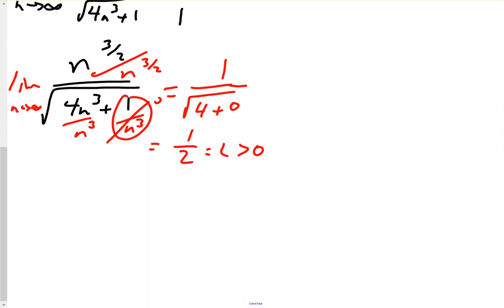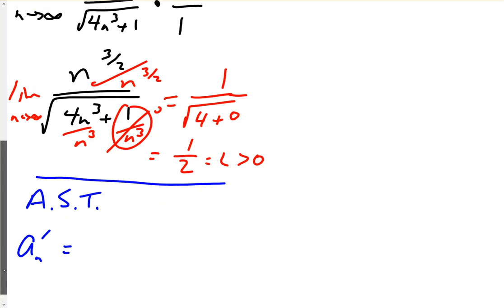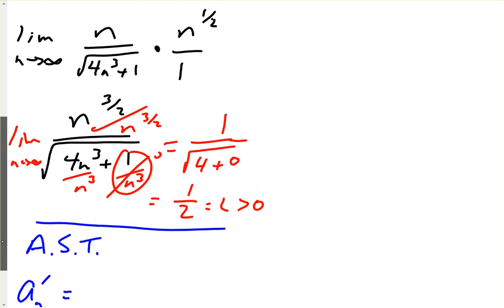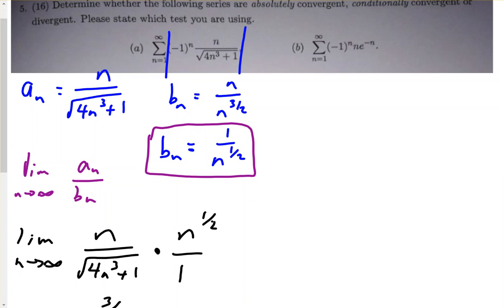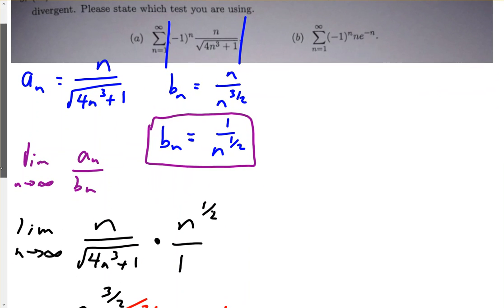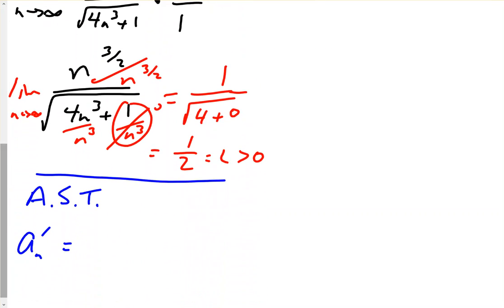So by the alternating series test, and taking the derivative of our an's. So taking the derivative would be, now obviously we're not dealing with the -1, we're just taking absolute value. So the derivative of n over square root of 4n cubed plus 1.